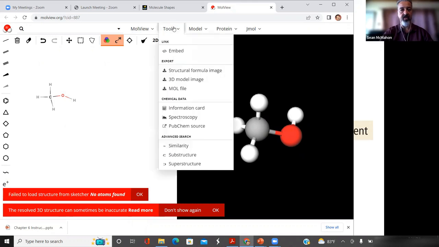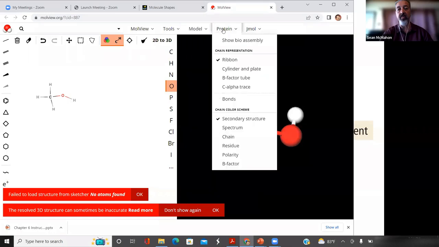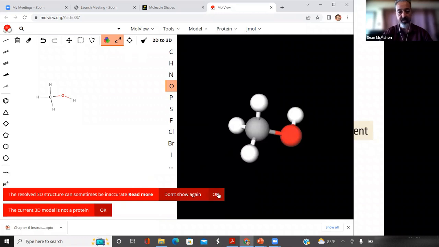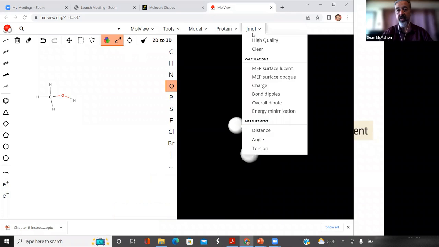So, tools. I don't really want to spend too much time on this. You guys are more than welcome to look at this. There are a lot of useful things like polarity and things like that. I'm forgetting what this is saying right here. Oh yeah, here. Bond dipoles.